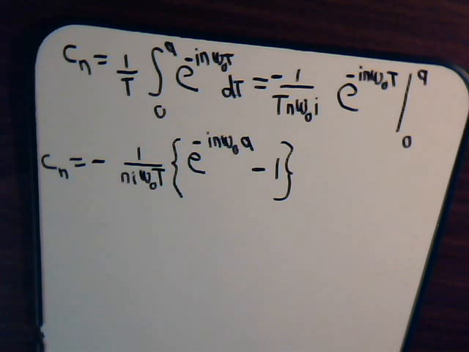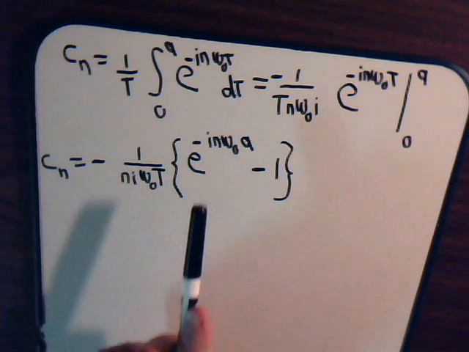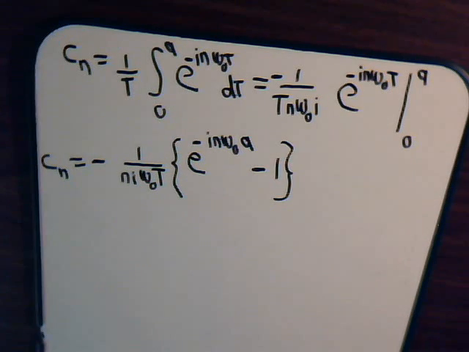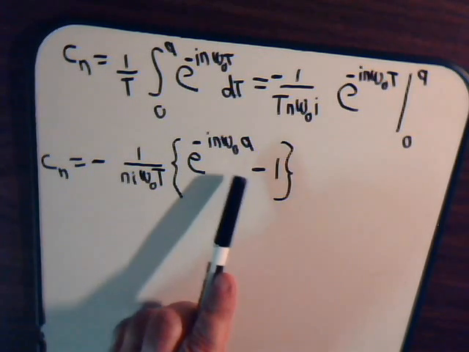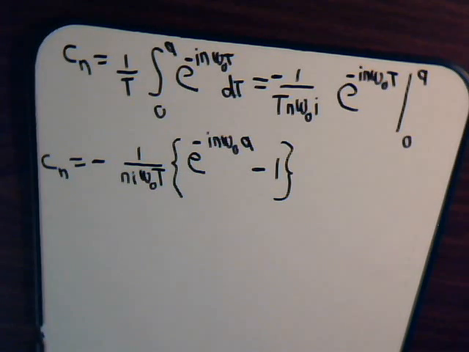Now we can modify this further. From this expression we can factor out an e to the minus i n omega a divided by 2. Here's what it will look like.